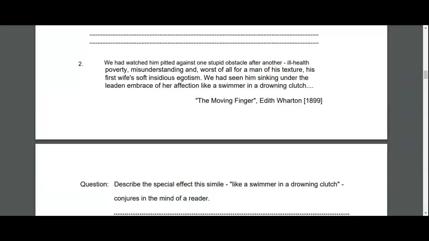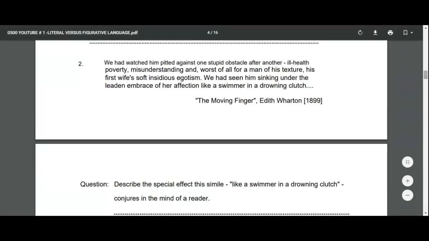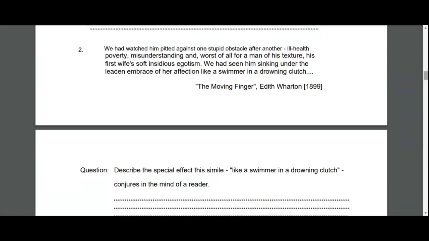Ill health, poverty, misunderstanding, and worst of all, for a man of his texture, his first wife's soft, insidious egotism. We had seen him sinking under the leaden embrace of her affection, like a swimmer in a drowning clutch.